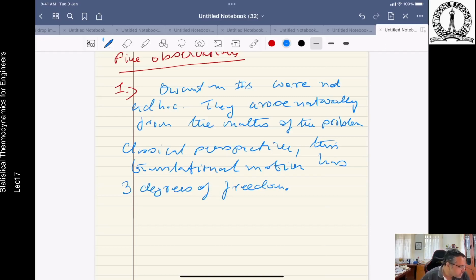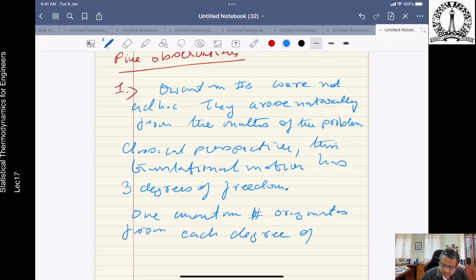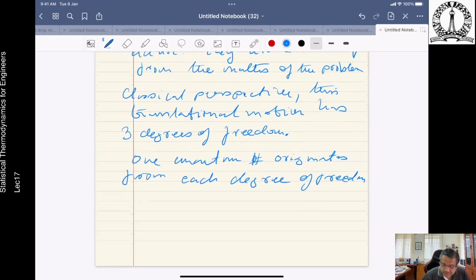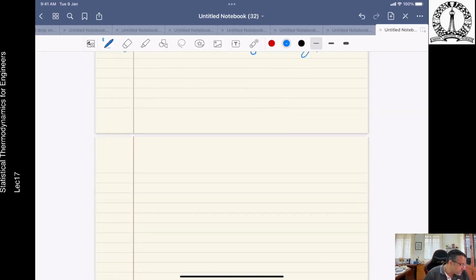So one quantum number originates from each degree of freedom, and each quantum number is used to identify the complete state of the system that we are concerned with. So there is a little bit of a classical analog.